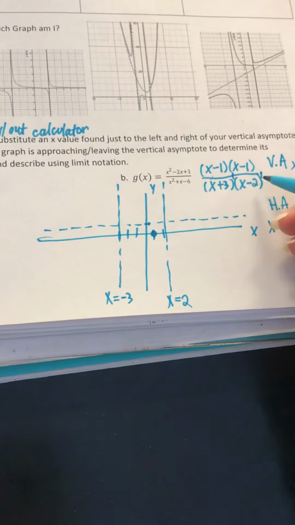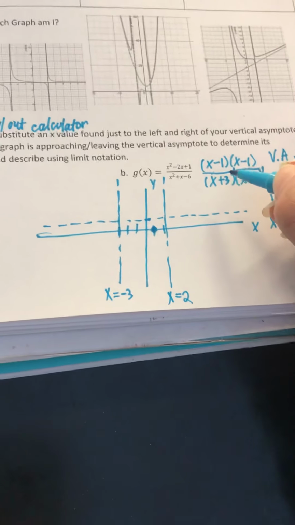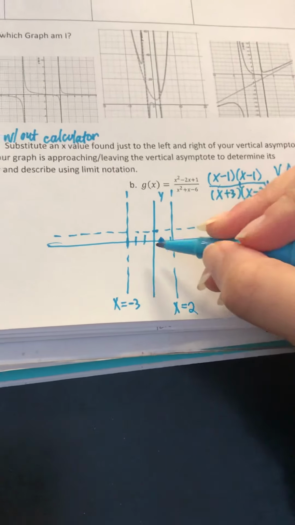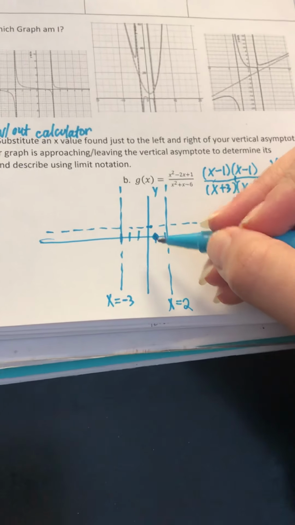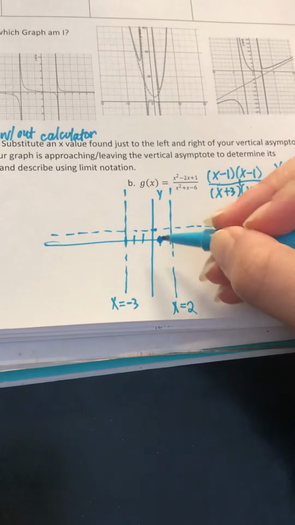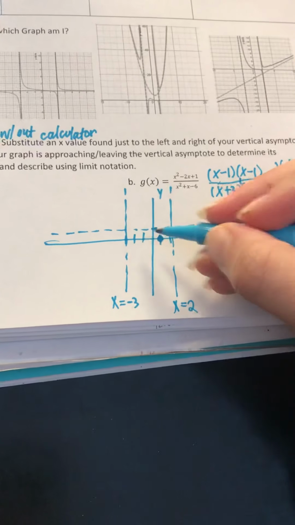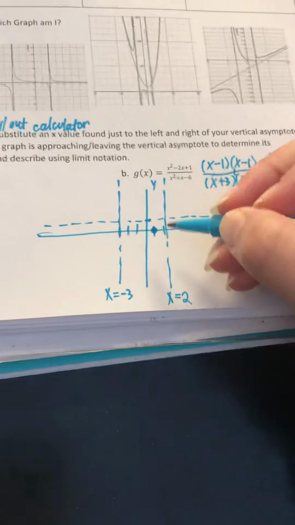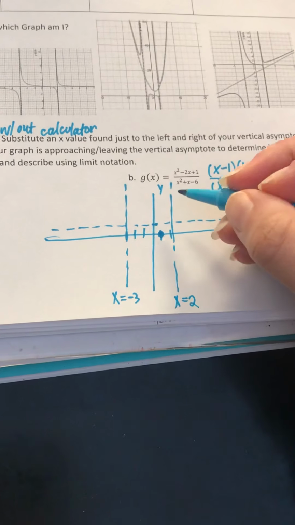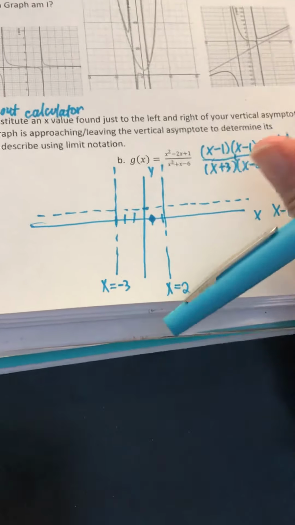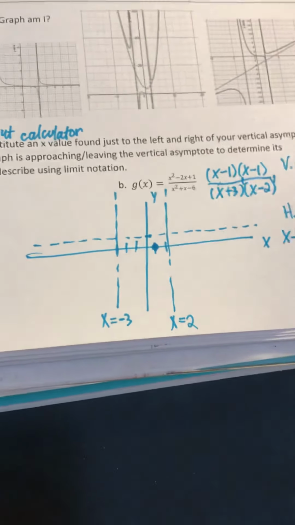So do you guys notice how the multiplicities here are 1? Therefore, they're going to be going in opposite directions. I'm hypothesizing that this one is going downwards, since we have a point underneath this asymptote and in between these two asymptotes. So if it's going to go downwards, then this one should go upwards. But let's not assume anything.